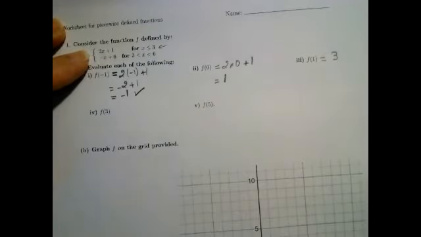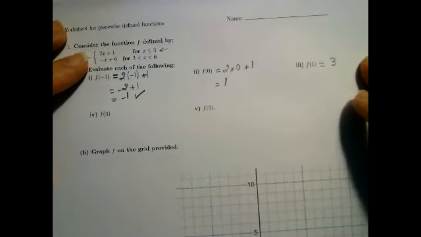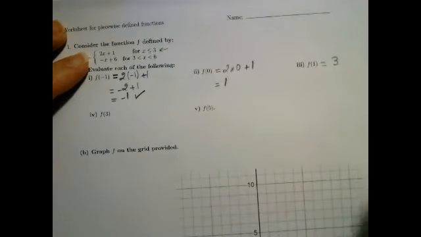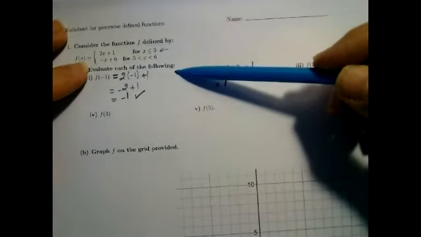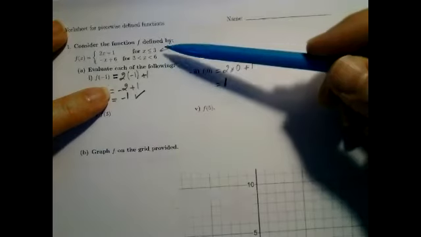F of 3, sorry, Olivia, I will stay with you. F of 3. 3. Where did you get that from? The negative x plus 6. Read again. Read it again. 3. Which condition does that satisfy? The first or the second? The second one.